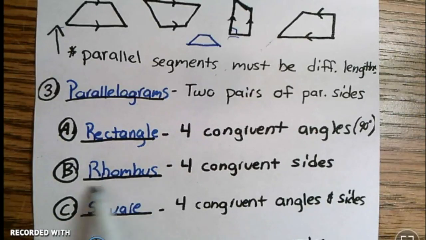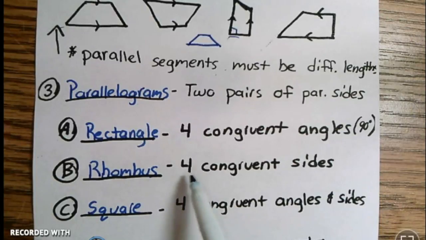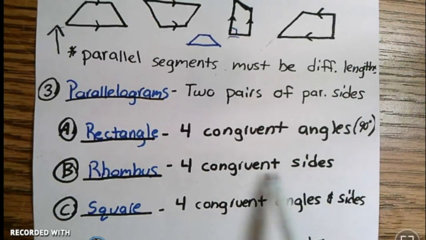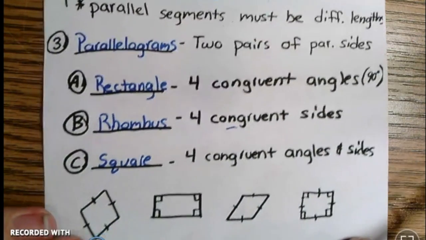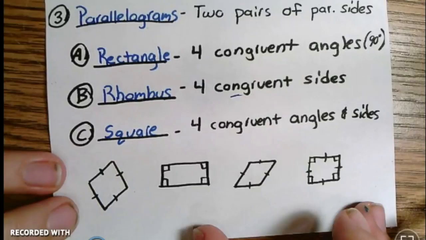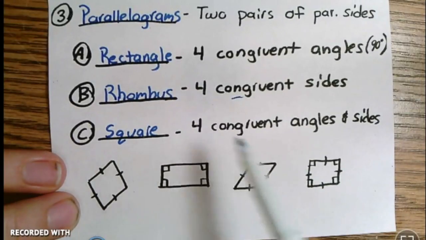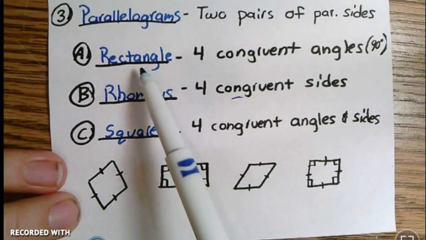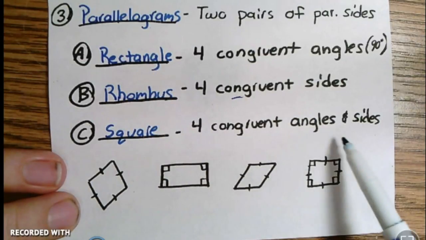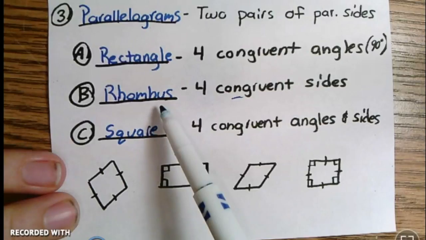A rhombus, on the other hand, doesn't need to have four congruent angles, but it does have four congruent sides. That means that the side lengths are the same. And a square is a really specialized parallelogram because the square has four congruent angles, so it's also a rectangle, and it has four congruent sides, so it's also a rhombus.